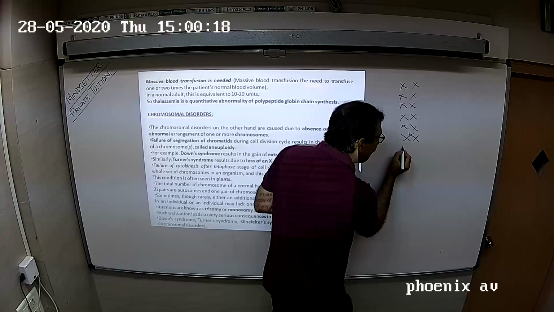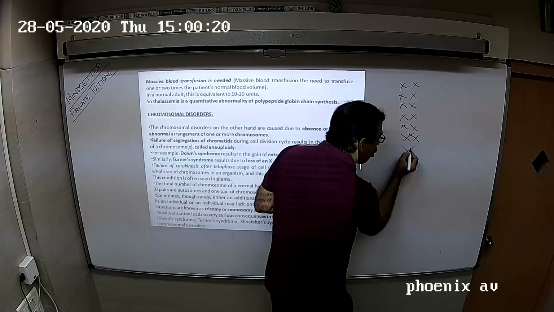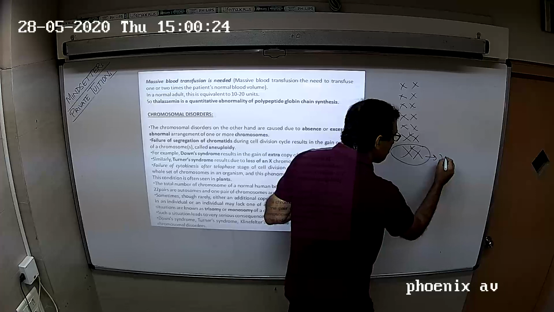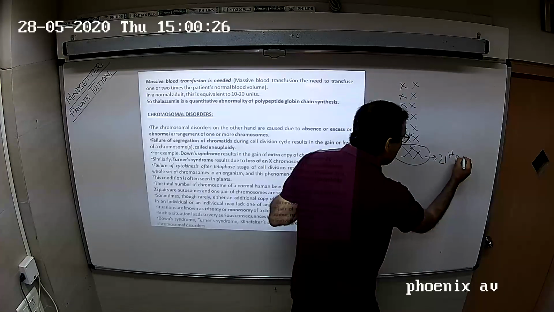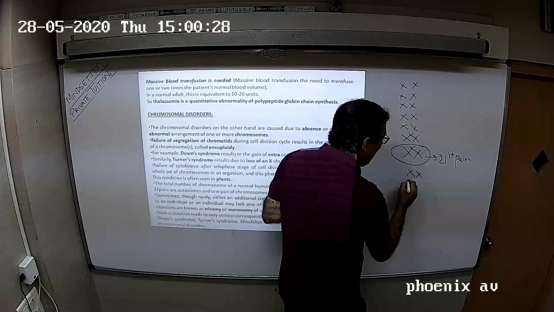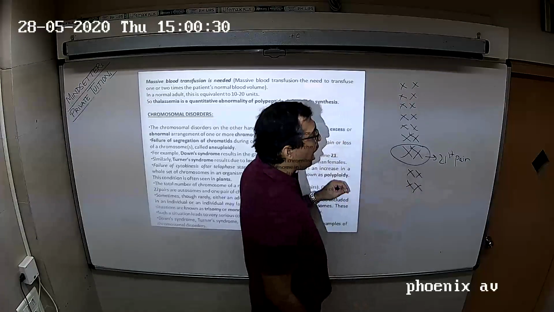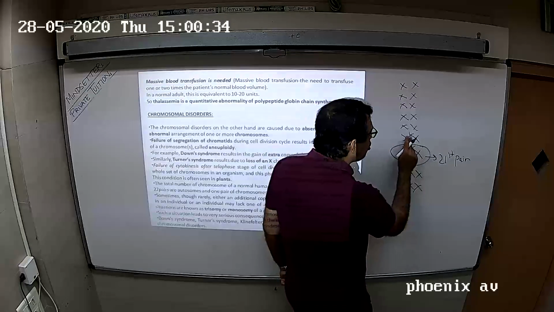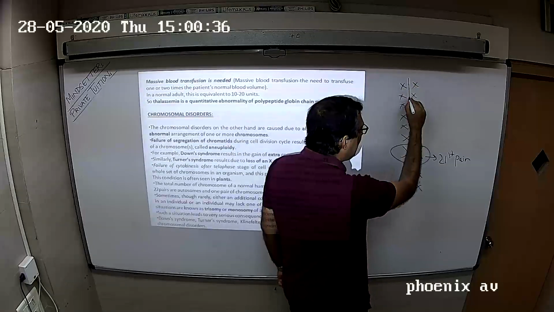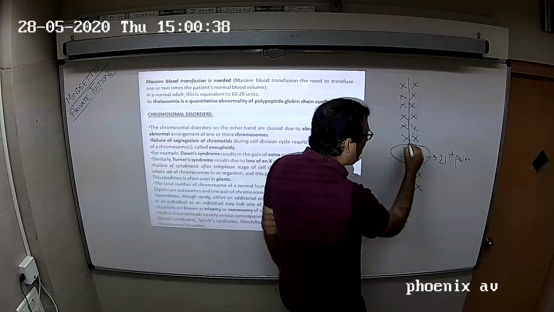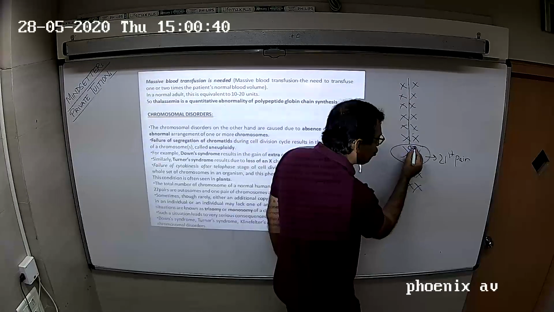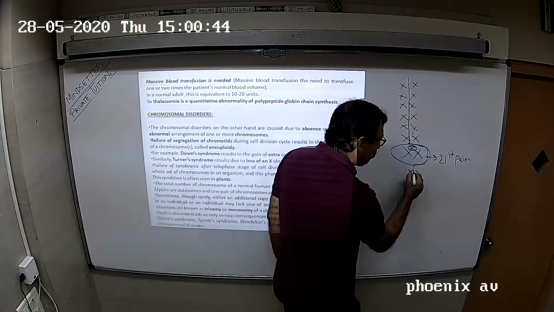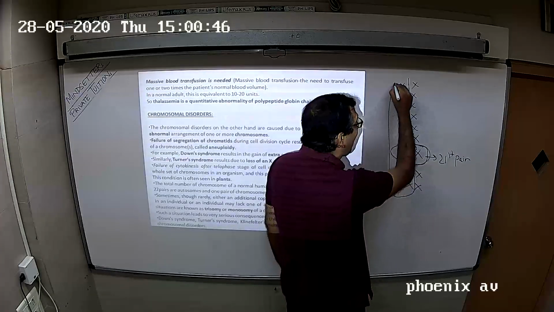In the 21st there will be crossing over, and this is the 21st pair, this is the 22nd, and this is the 23rd. Now when meiosis takes place, all these chromosomes will separate. These chromosomes will separate, but these two will not separate, and this will become one egg.